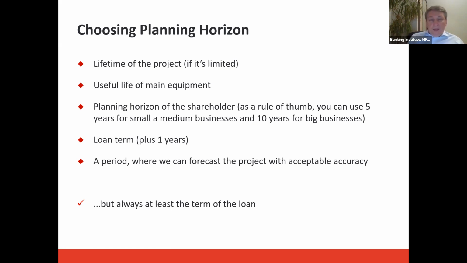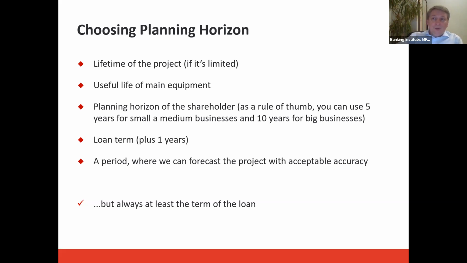Second, if I understand that I have the loan for this project with some limit in term, and for example, I understand that I cannot get more than 10 years loan for this project, then this loan term will be my planning horizon, because for the bank, I will have to show all the schedule for the loan repayment.